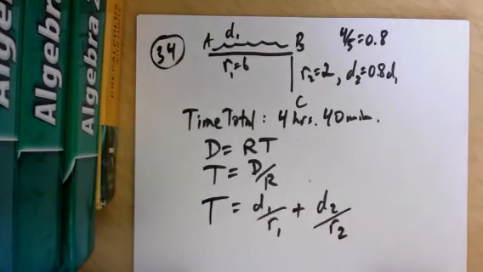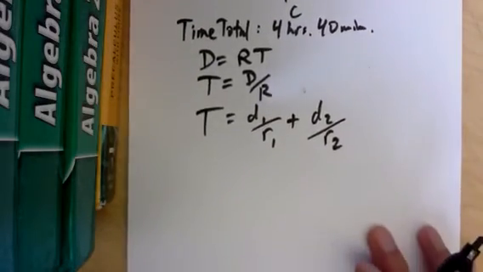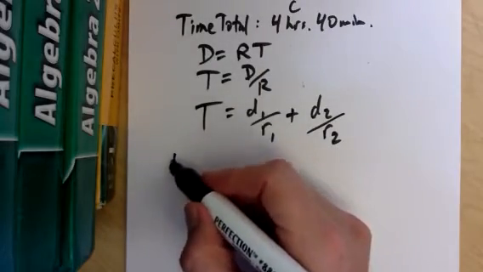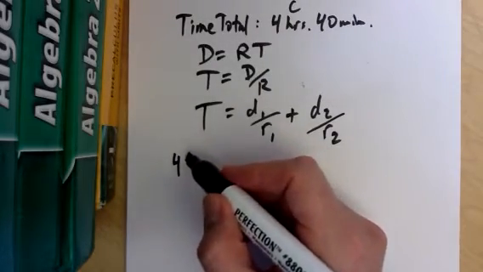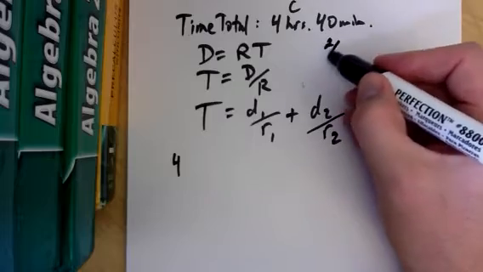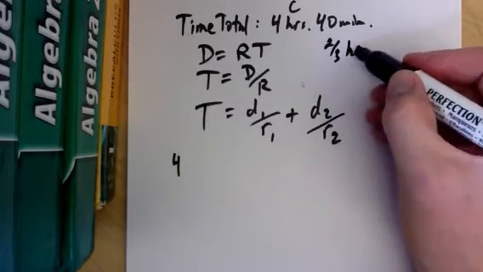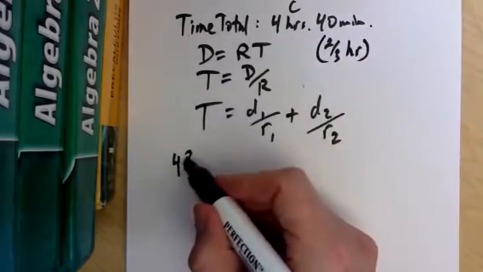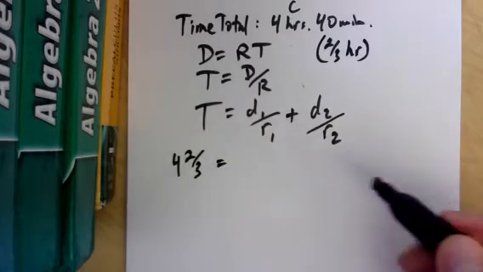And that's still going to give us the total time. So our total time is 4 hours and 40 minutes. Now 40 minutes is 2/3 of an hour. So we can say 4 2/3.